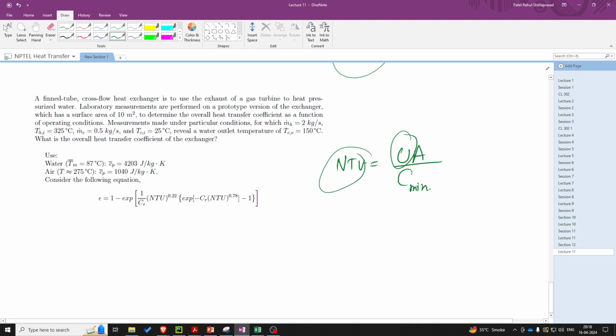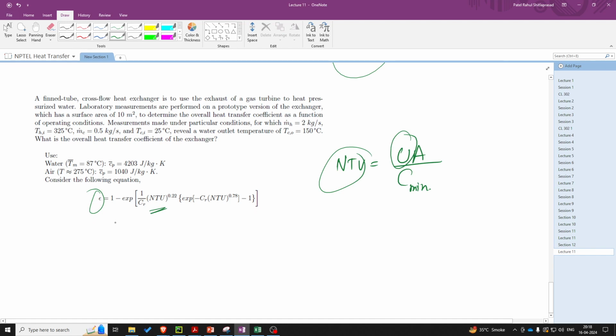But we don't have any information about NTU, so we can find the effectiveness. From the effectiveness, we can calculate the value of NTU, and once we have that NTU, we can put it over here and then calculate the value of U.